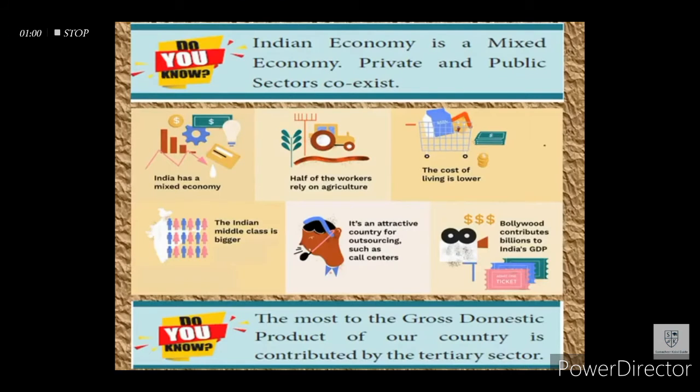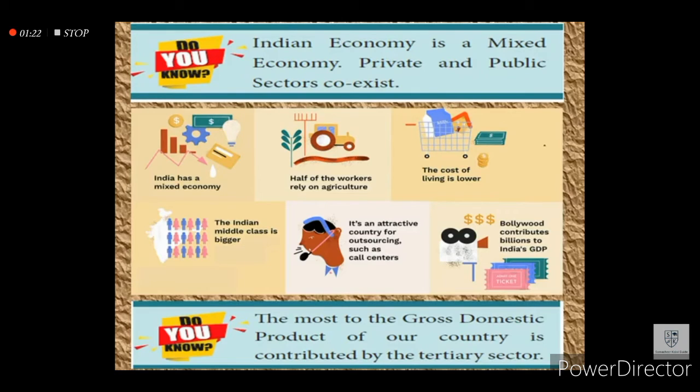Children, now we will see the details about the Indian economy. Children, India has a mixed economy. Mixed in the sense that the private sector and the public sector coexist. They exist together. Now, what is the meaning of public sector and private sector?